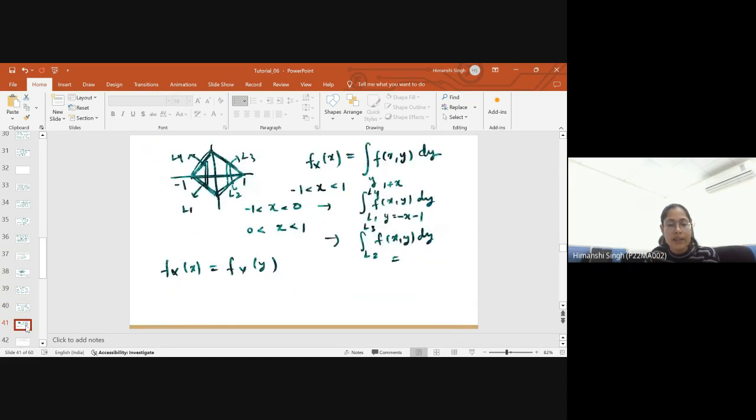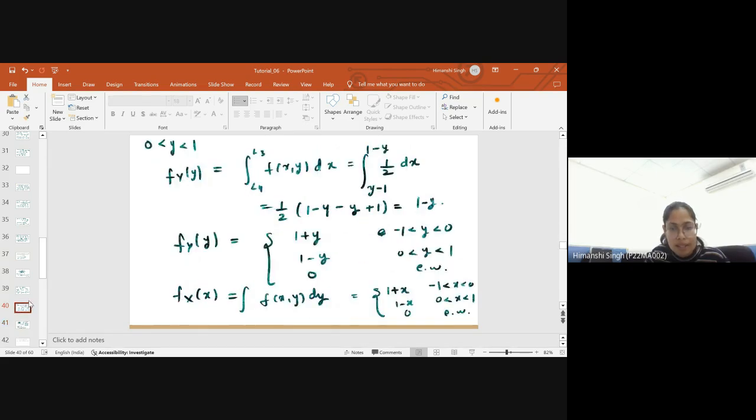Now we need to calculate whether x and y are independent or not. For that, the joint density should be equal to f_X(x) into f_Y(y). If I consider f_X and f_Y to be these, then the product will be (1 plus y) into (1 plus x) when x is running from -1 to 0 and y from -1 to 0.